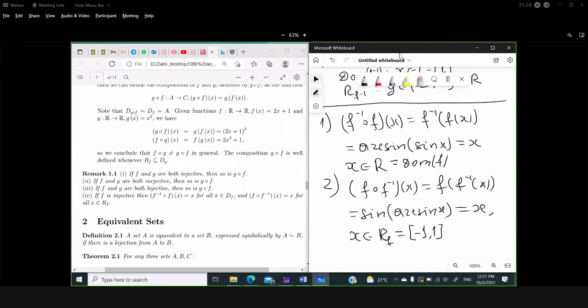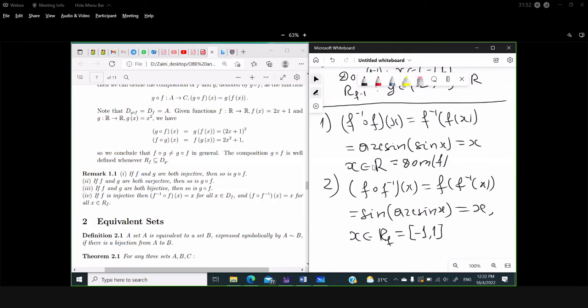Can you see the difference between these two important properties? If f is injective, then of course this composition function is injective because x is an injective function. But for all x from Df, the domain of f is R for this case.